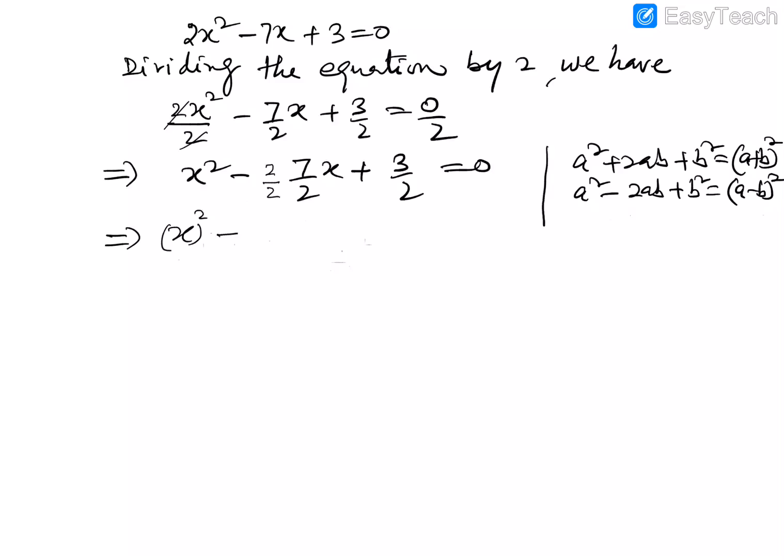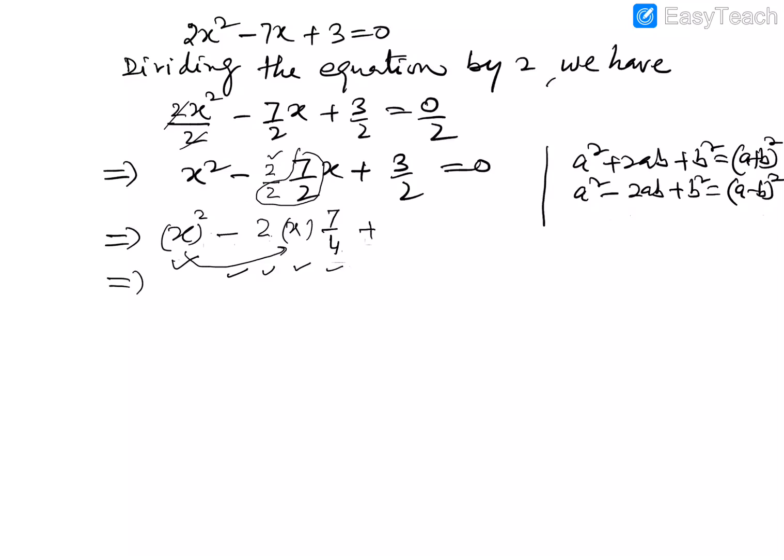So to make it in the form of 2ab, we can do this 2 here, then a which is x here, and the remaining portion will become b, which is 7 by 4. So this takes the form of a square minus 2a and b.